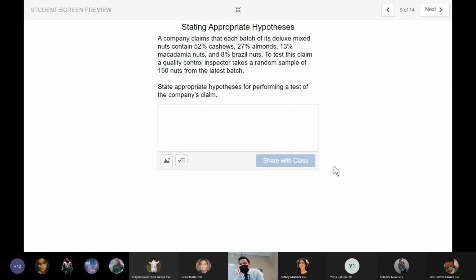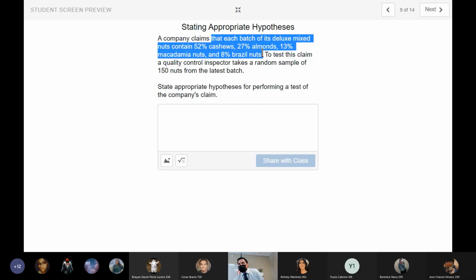All right, so let's talk about this. So our null hypothesis should be basically that the company's claim is correct. I'd say the cleanest hypotheses that I saw basically used the strategy of, okay, well, their claim is this part.